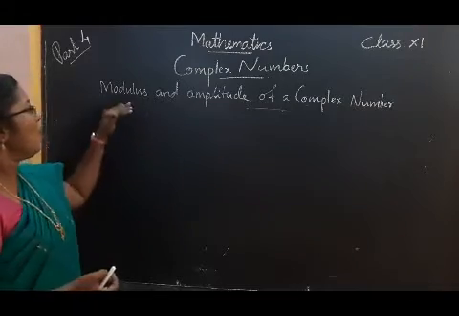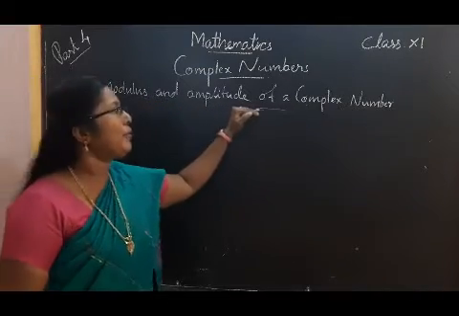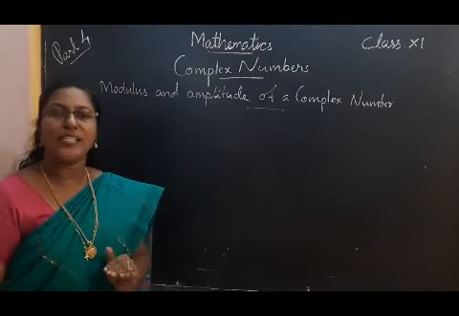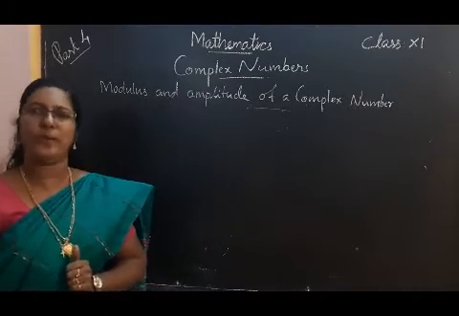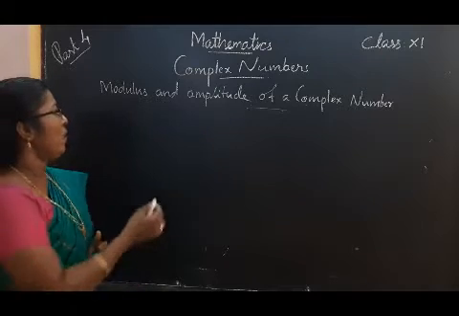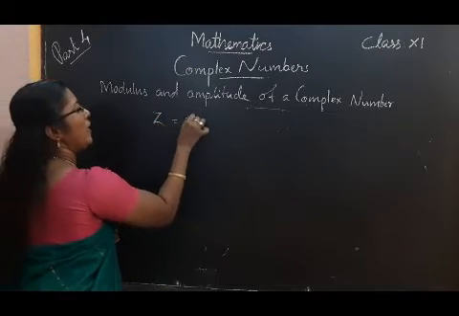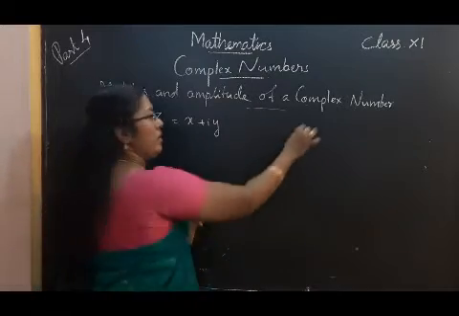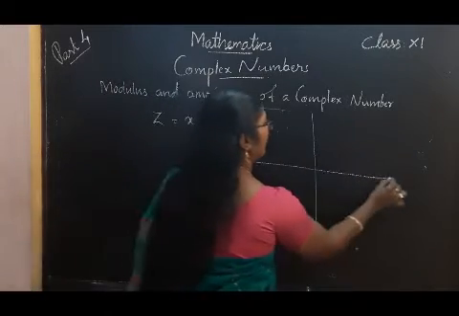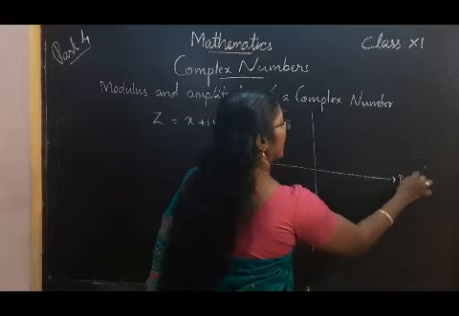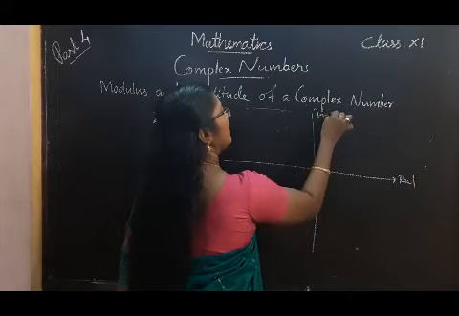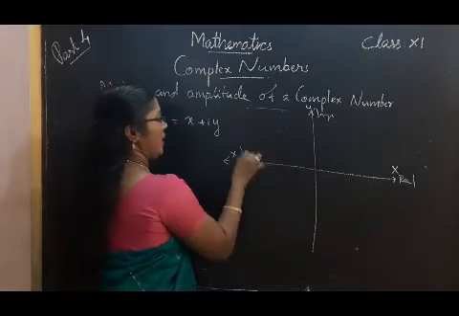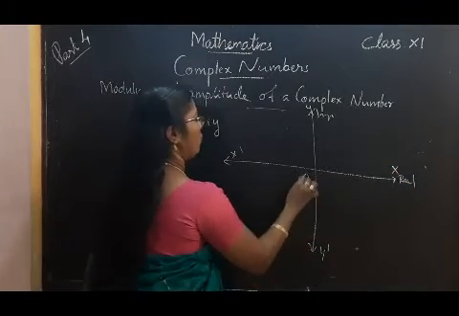The next topic is the modulus and amplitude of a complex number. To find the modulus and amplitude, take the complex number z equals x plus iy and plot it in the Argand plane. This is the real and imaginary axes, x dash, y dash, origin.